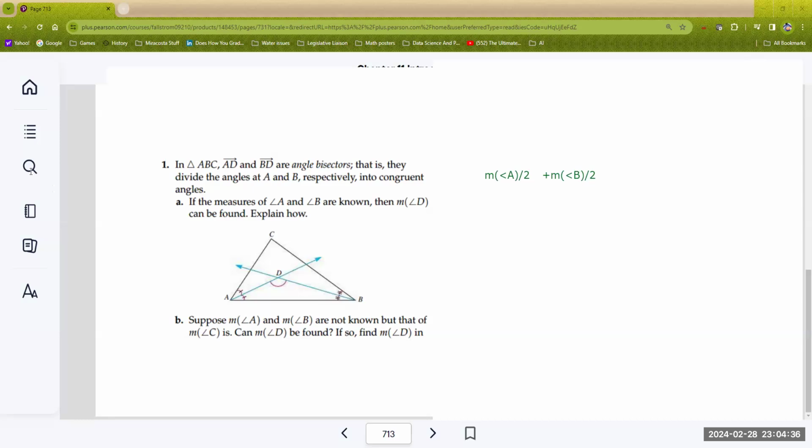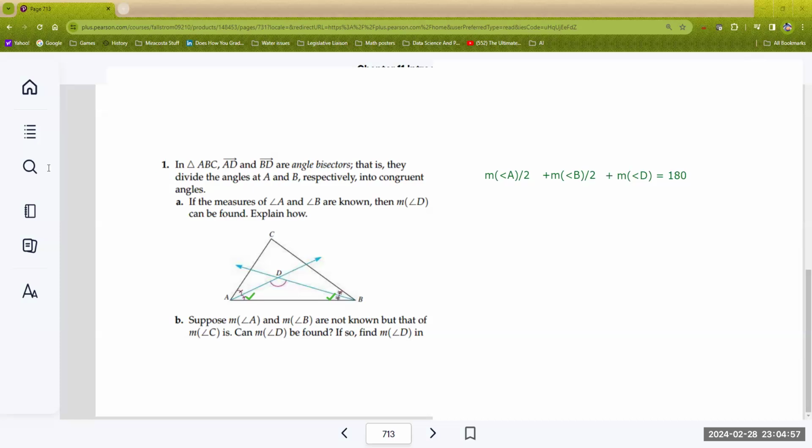So now that gives us these two components that are inside the triangle. And then plus the measure of angle D. And those all have to add up to 180 degrees, right?